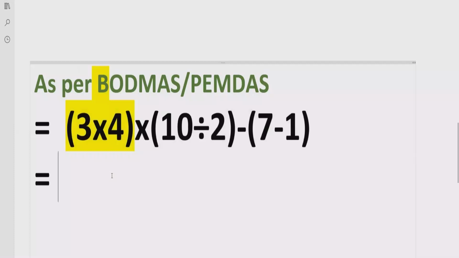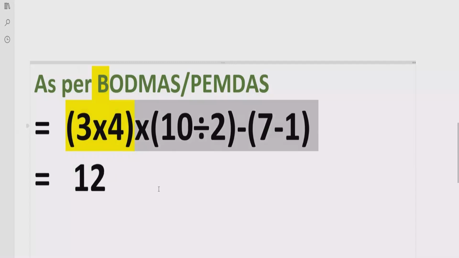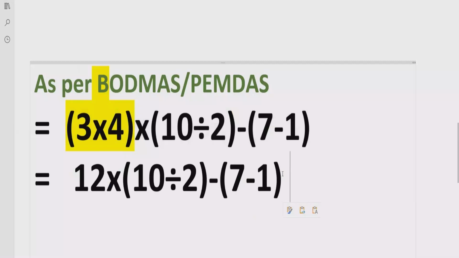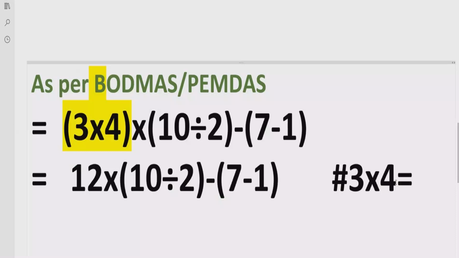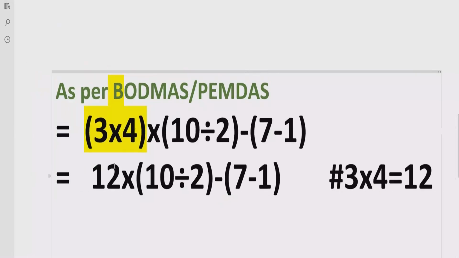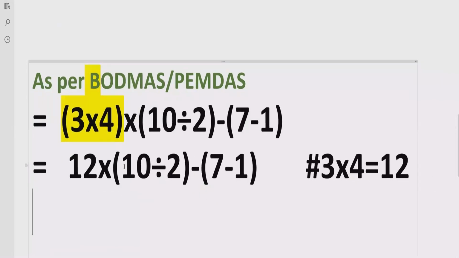We will solve the first bracket, 3 multiplied by 4, which equals 12. And other parts we will write as it is. And here we can give the reference like 3 multiplied by 4 equals 12. Now move forward to solve the other bracket, which is the second bracket, 10 divided by 2.